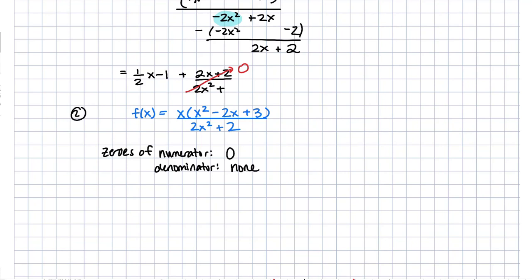Okay, so what that means is there are not going to be any x values that are real that we plug in giving us division by 0, which means we won't have any sort of vertical asymptotes, and we won't have any sort of holes that are being created. So no holes or vertical asymptotes.